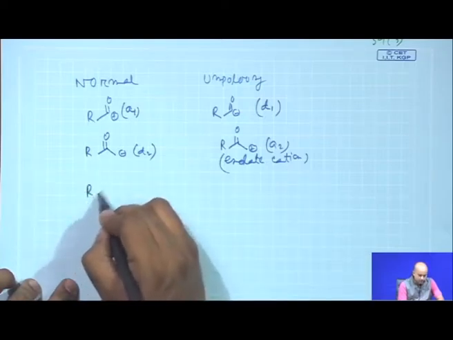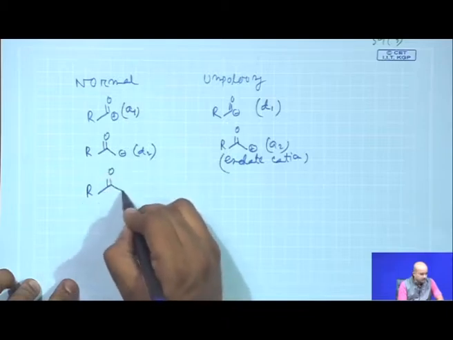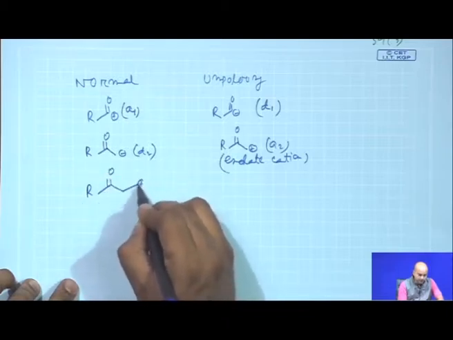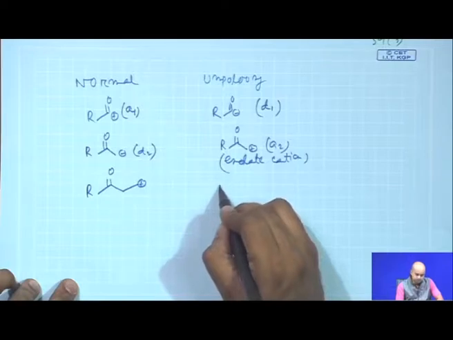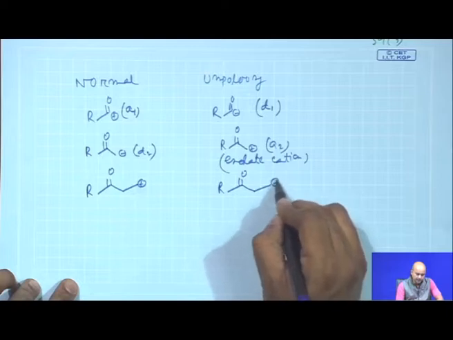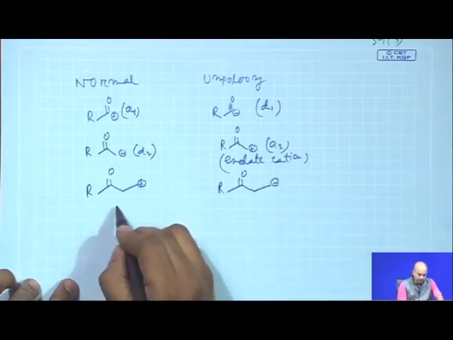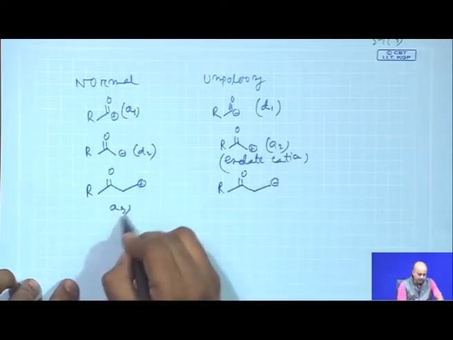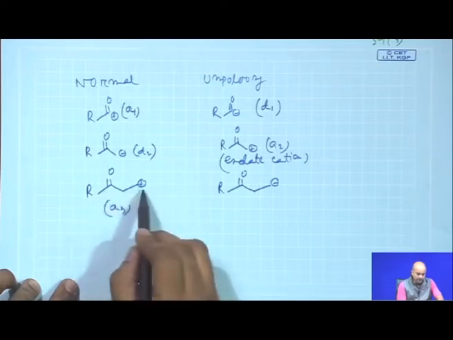Now, if you just change the polarity, you can create different kinds of synthetic equivalents. So, this is your A3 and this is a homoenolate cation.